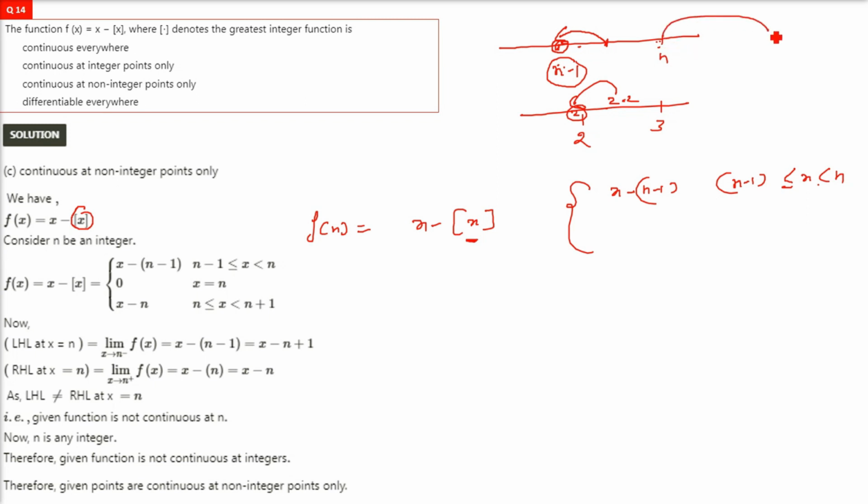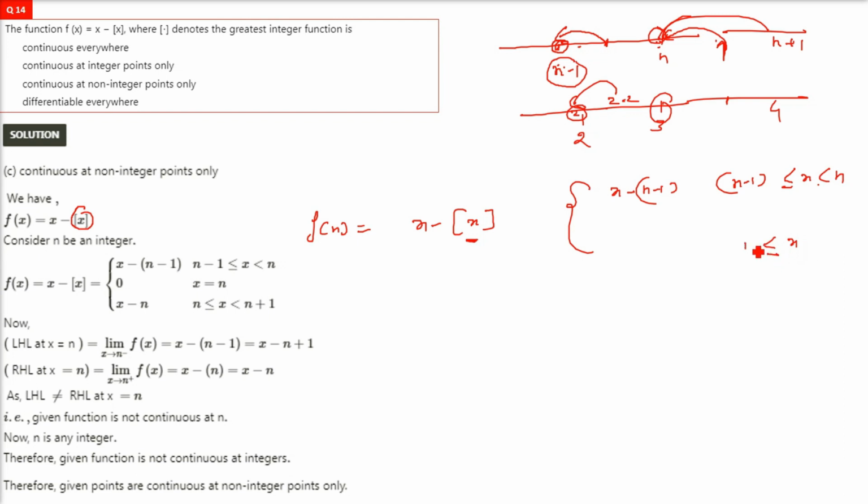But when you are between n and n plus 1, assume now you are between 3 and 4, and 3 is included always, then you get 3. The same logic goes. If you are between 2 and 3, you will get 2. If you are between 3 and 4, you will get 3.